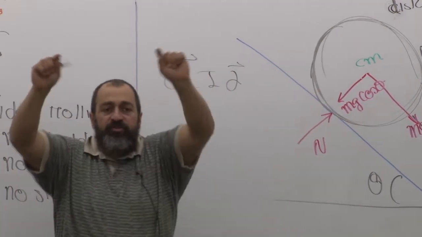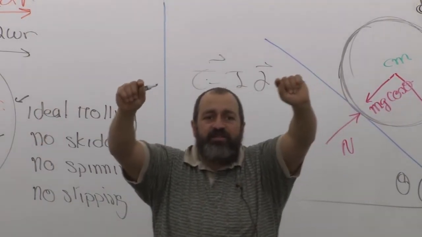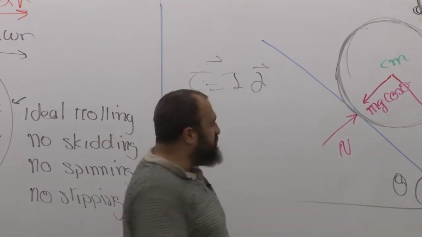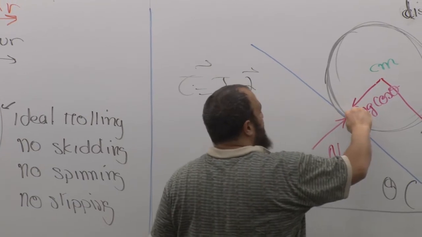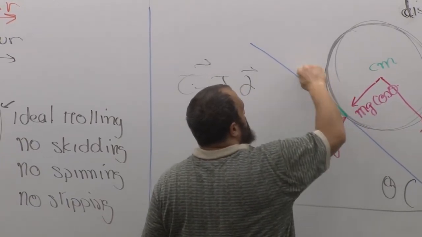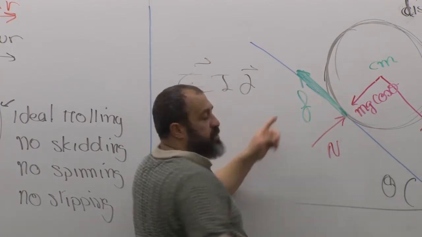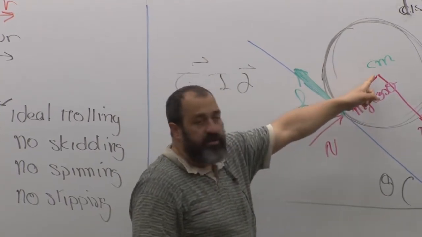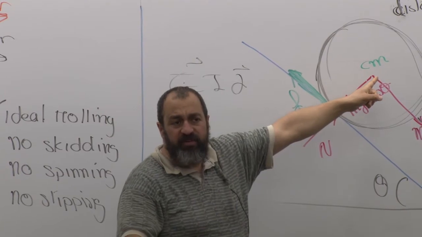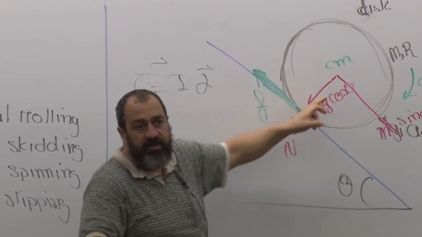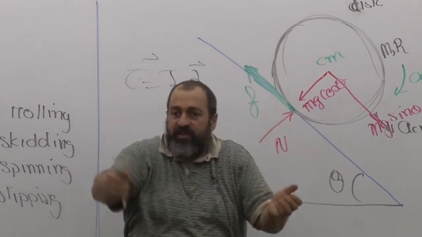Now there is only one force left that we haven't accounted for, which is the force of friction. The force of friction must be that way. Why? Look at the center of mass. Which way is the torque from the force of friction about the center of mass? It twists, right?